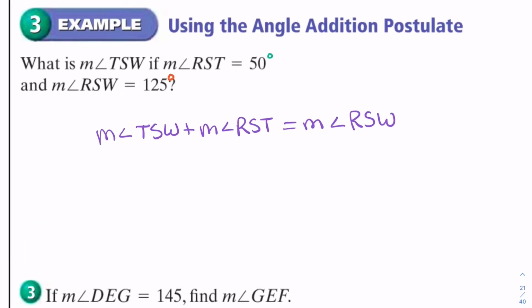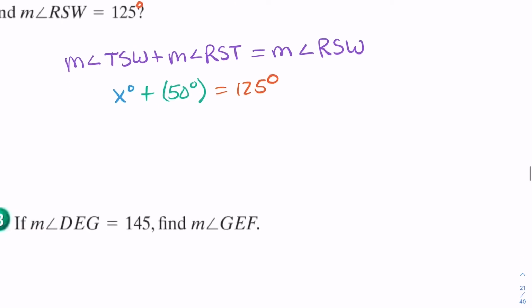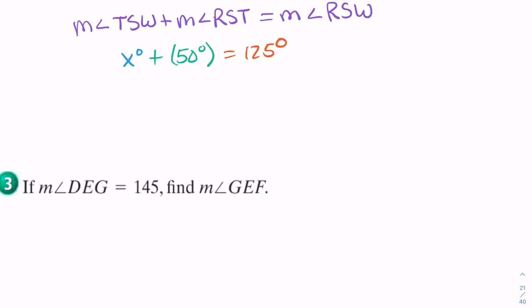So if I fill in my variables, I'm going to put X degrees plus 50 degrees equals 125 degrees. And I'm going to just take away 50. I'm going to say that X is equal to 75 degrees.